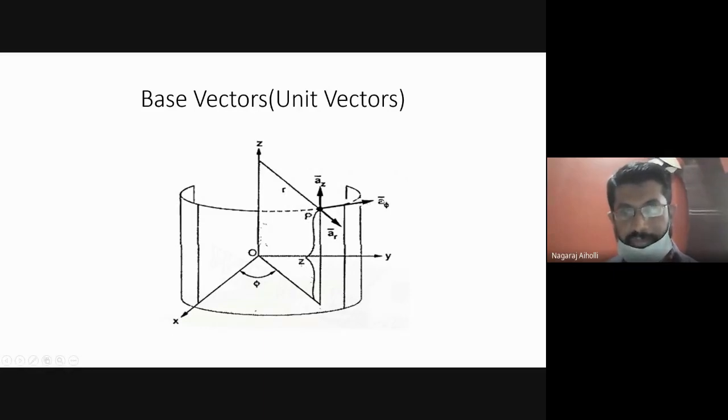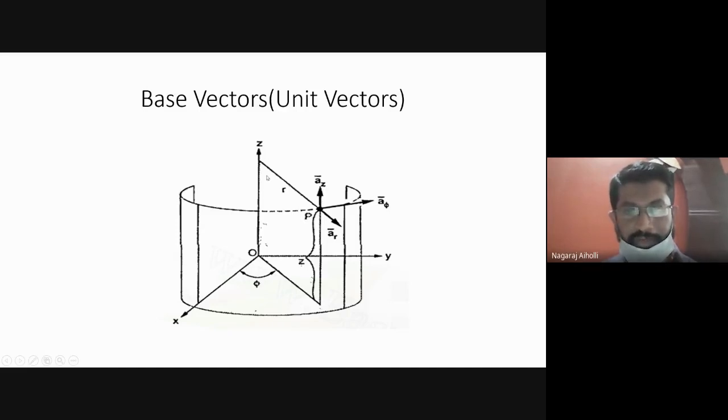This A phi bar is along the increasing angle phi, but it is tangent to the cylinder. It is touching the curved surface of the cylinder, along the tangent. Then next is AZ bar, which is very much clear.